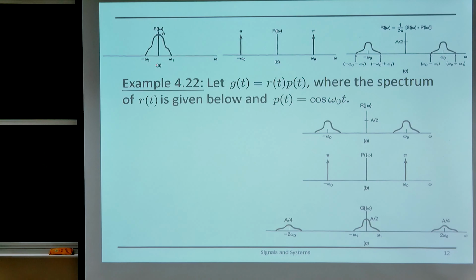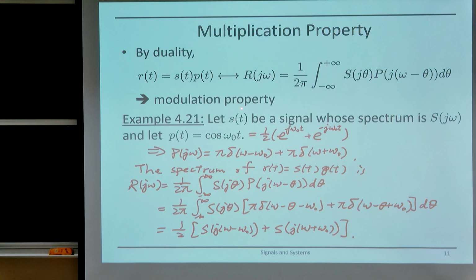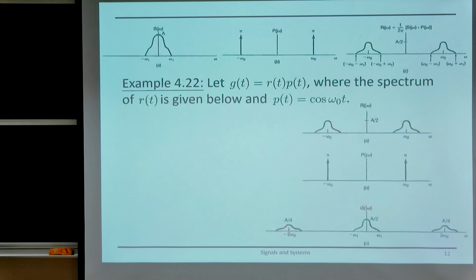When you multiply s in the time domain by this cosine function, this cosine function has a Fourier transform that is equal to these two delta functions, one at omega naught and one at minus omega naught.